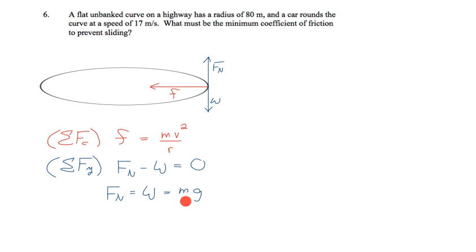So these two are equal, and that's important because I'm now going to replace friction. We know friction is mu Fn, so I'm going to write friction as mu mg.